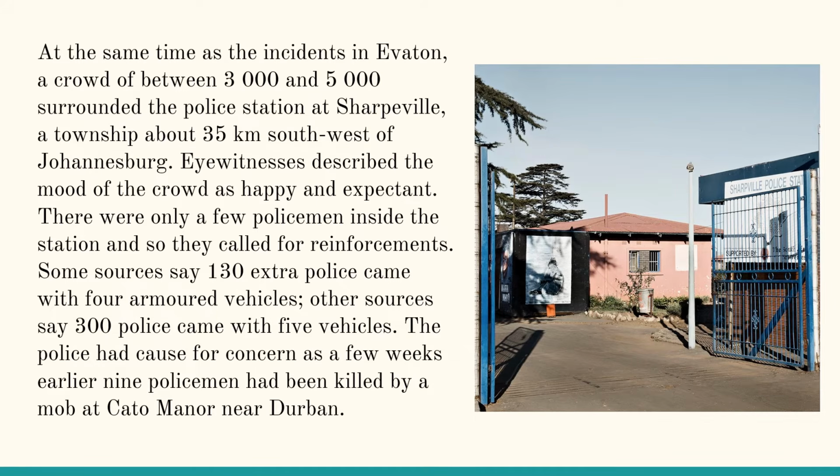Some sources say 130 extra police came with 4 armored vehicles. Other sources say 300 police came with 5 vehicles. The police had cause for concern, as a few weeks earlier 9 policemen had been killed by a mob at Cato Manor near Durban.